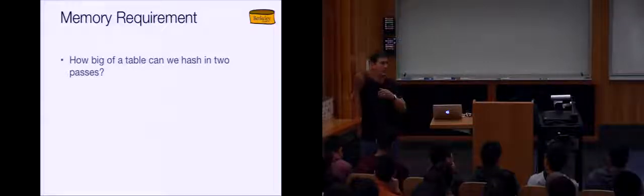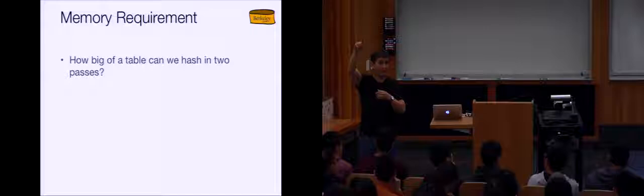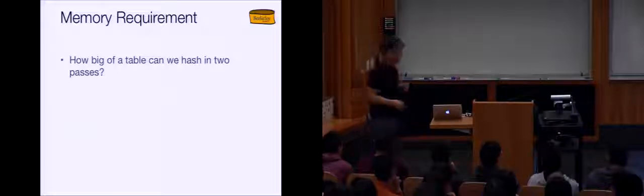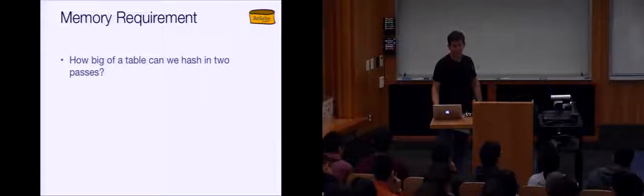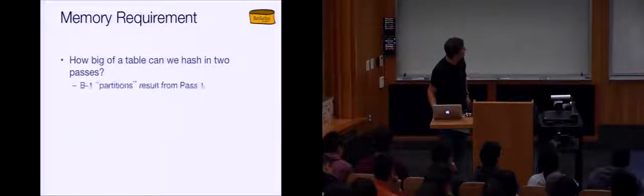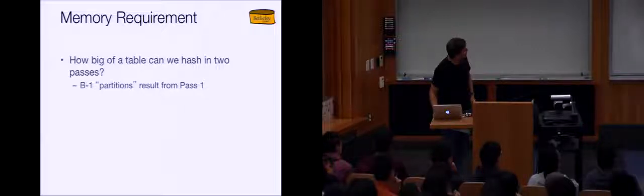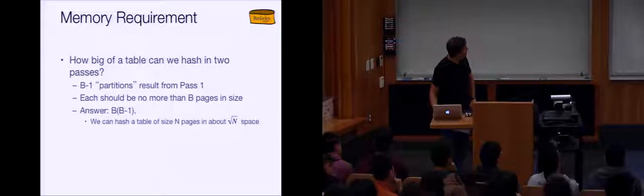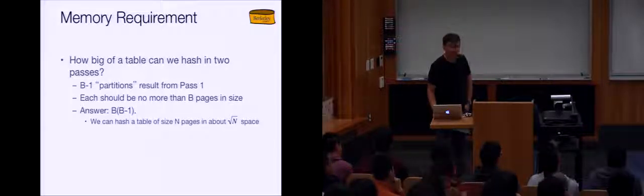There are N blocks to begin with, and we split it into B-1 pieces, so it's N over B-1 long per partition. And then we said in the second pass, we'd like them to fit in memory, so they can't be bigger than B. So we have B-1 partitions, each of which should be no more than B big, so that in the second pass it fits in memory. So we can hash a table of about B times B-1 in 2 passes.